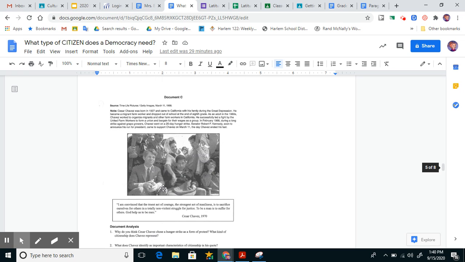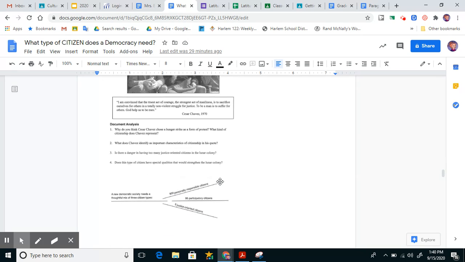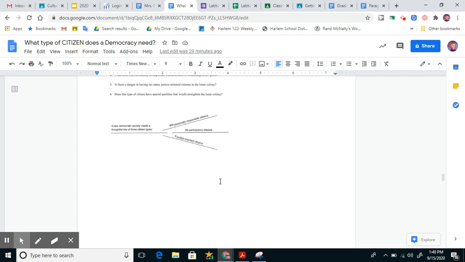And then finally, document C takes a look at Cesar Chavez and his nonviolent protests to the California government's control over farm workers and their not letting them create a union. And so you've got three very different documents.